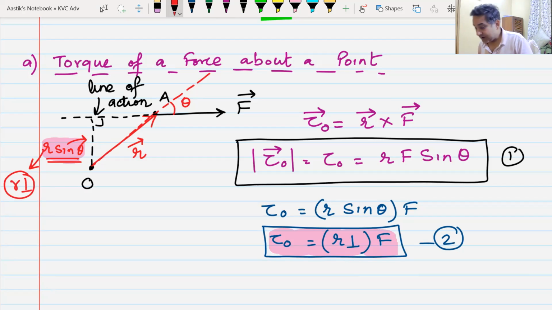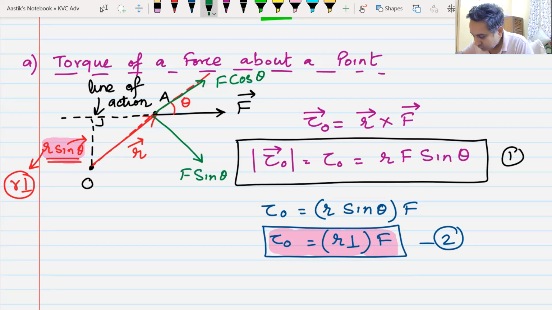Great. This is one way of writing it. This is the second way of writing it. Now I can do this in a different way as well. What I can do is resolve this force into two components. This component would be F sine theta, and this component would be F cos theta. Do we understand this? Yes, sir.